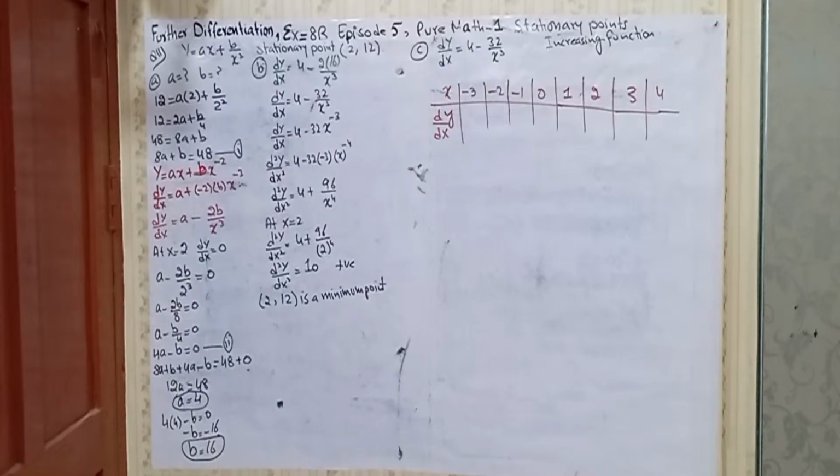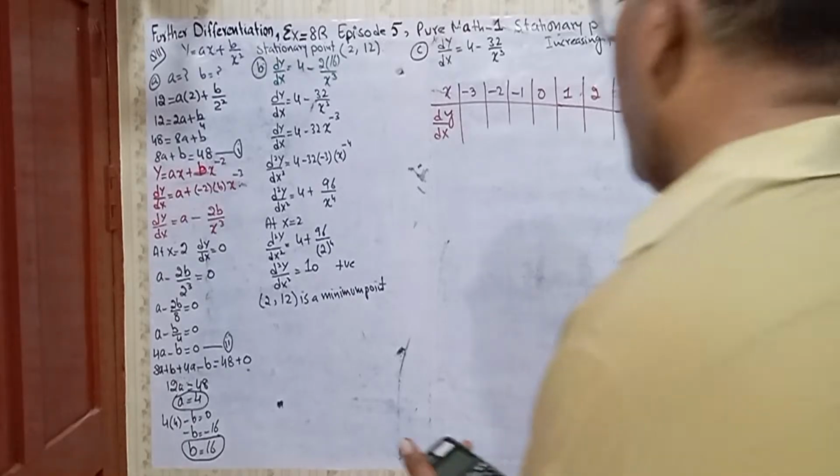At -3, it is 4 minus 32 divided by (-3) raised to power 3, so my answer will be 5.18.